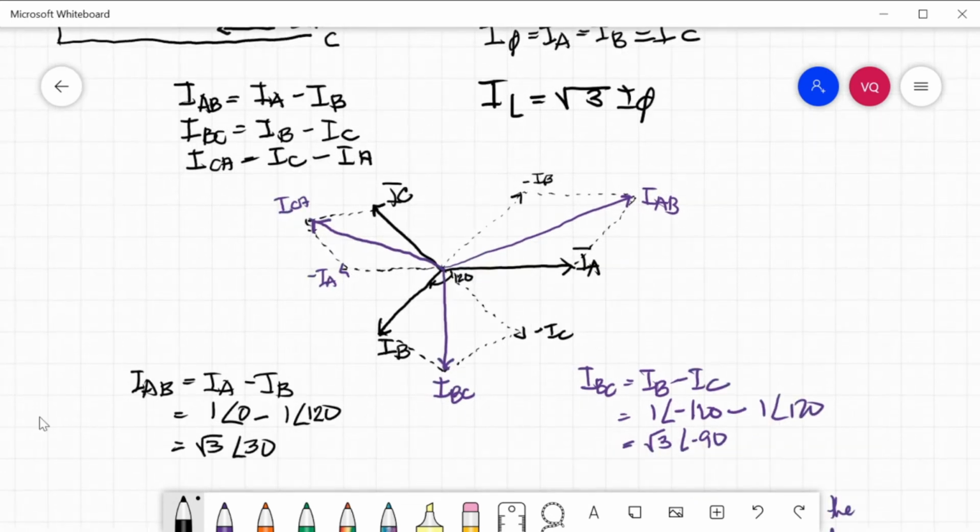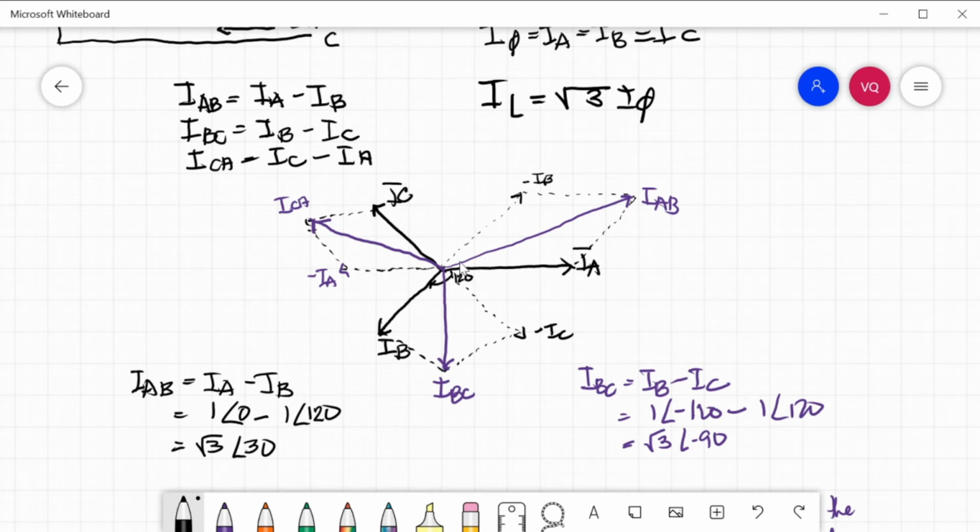First one is IAB, so that is IA minus IB. This is our IA, our reference. IB is 120 degrees and also IC is 120 degrees with respect to our reference. IA minus IB is 1 angle 0 minus the negation of IB.